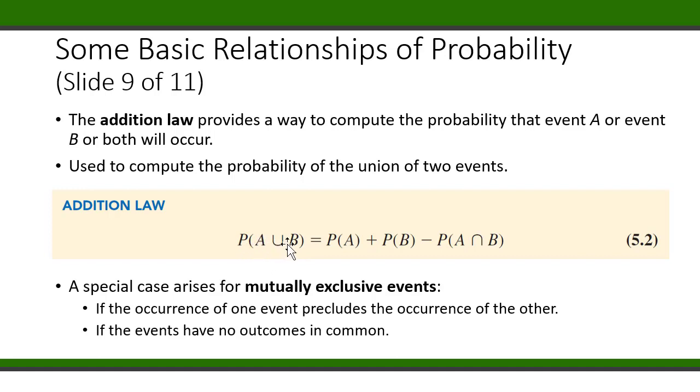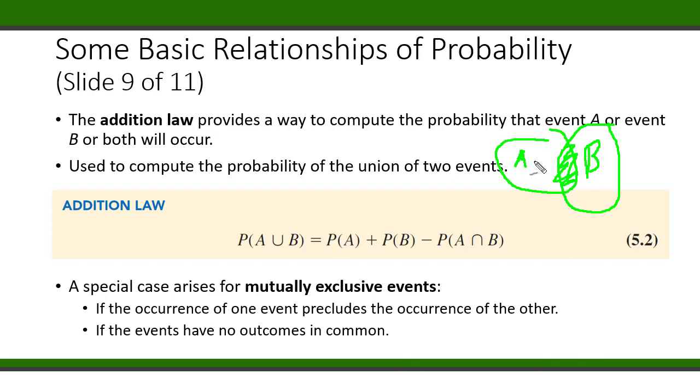So the probability of A union B is the probability of A plus the probability of B. Think about that. So for our two circles, we've got probability of A, probability of B, minus the probability of A intersection B. So if I could draw that out using our Venn diagram, we've got A here, we've got B here, and this is the intersection.